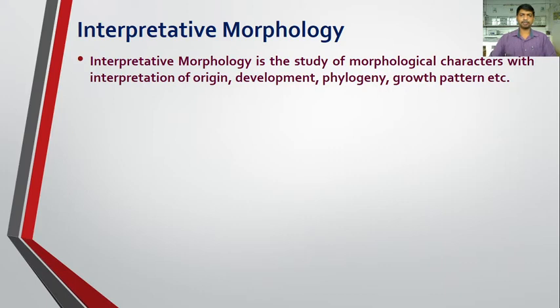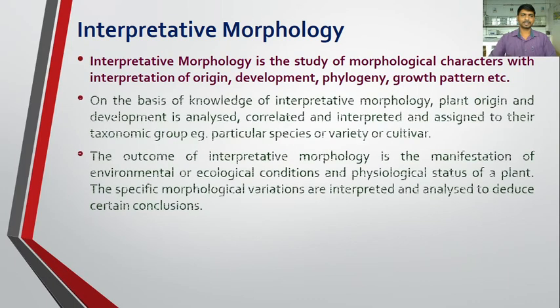So interpretative morphology is concerned with the study of morphological characters, and these characters are interpreted for the origin, development, phylogeny and growth pattern of the different plant groups. On the basis of knowledge of interpretative morphology, plant origin and development is analyzed.